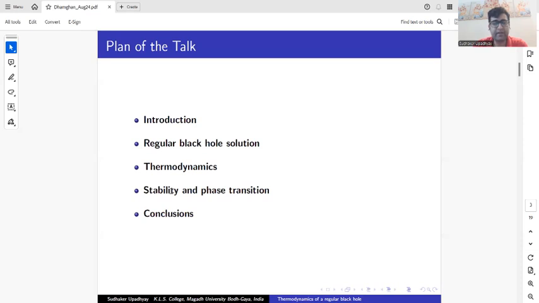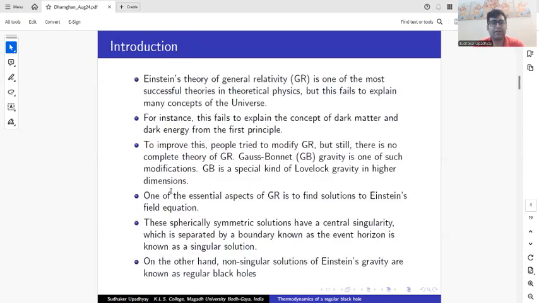Starting with the introduction, we see that Einstein's theory of general relativity is one of the most successful theories of theoretical physics, but it fails to explain certain concepts of the universe. Concepts like dark matter and dark energy still need to be studied because they are not understood quite well.